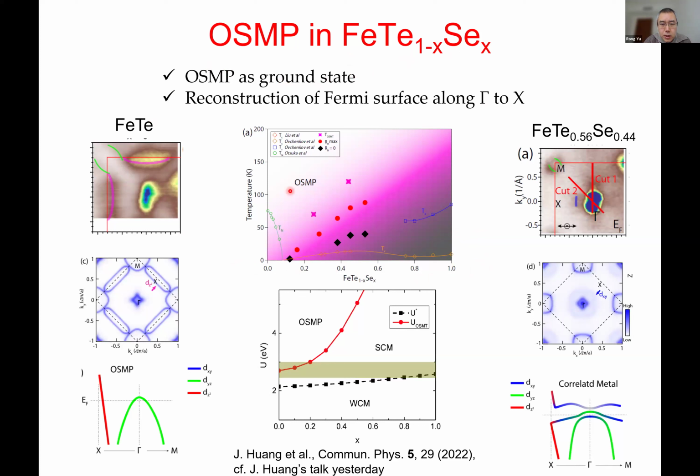They also measure the mass enhancement factor along different cuts in the Brillouin zone, and find that it shows a very strong orbital dependence. This reminds us that there could be very strong orbital-selective electron correlations in this bilayer nickelate system.